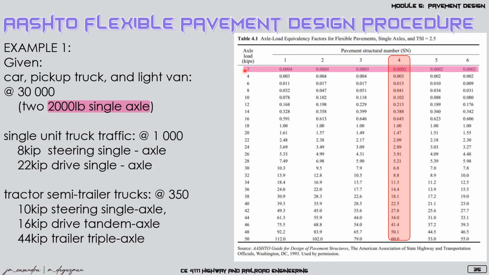So 2,000 pound is 2 kips. So the equivalent factor will now be 0.002. Why did I multiply it by 2?